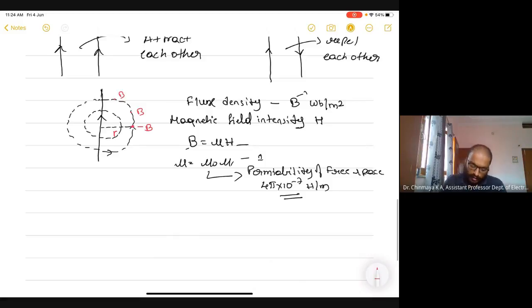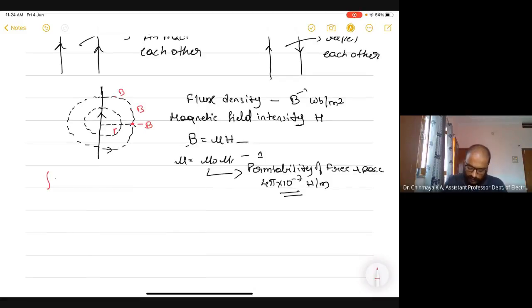So the closed integral of B dl is equal to the permeability mu into I enclosed by that magnetic field.